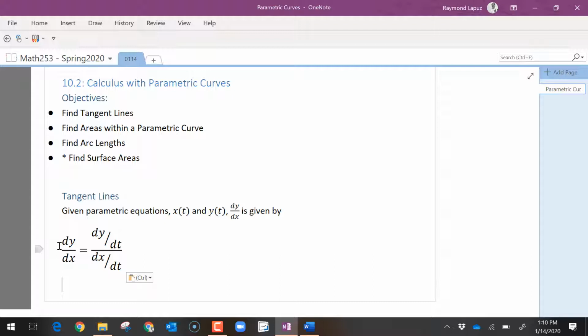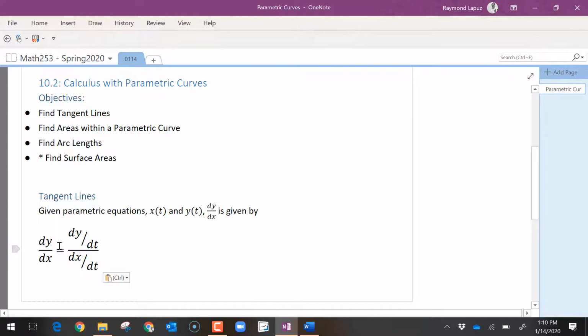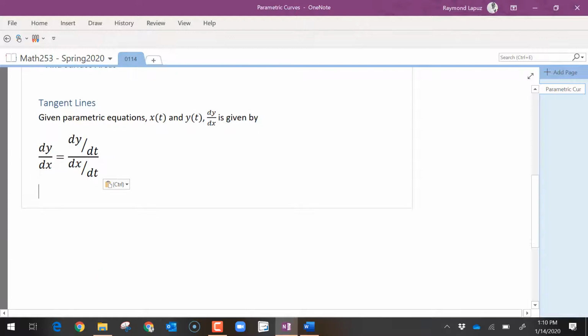So it's really just taking a bunch of derivatives. We can look at the simple example that we did with circles: x equals cosine t, y equals sine t. If we want the derivative at any point, dx/dt, what's the derivative of cosine again?